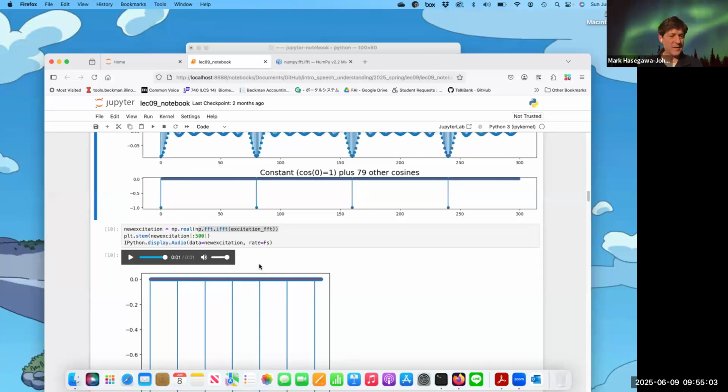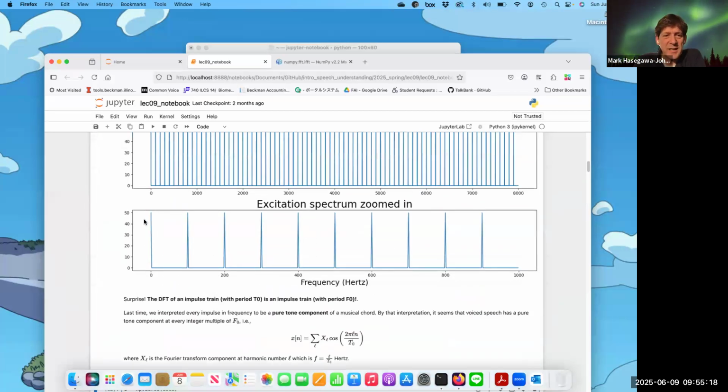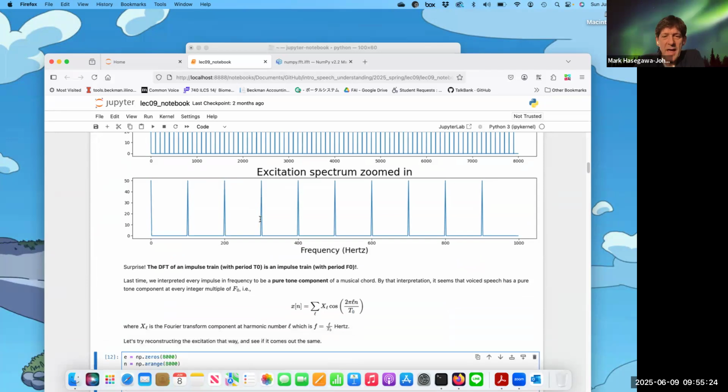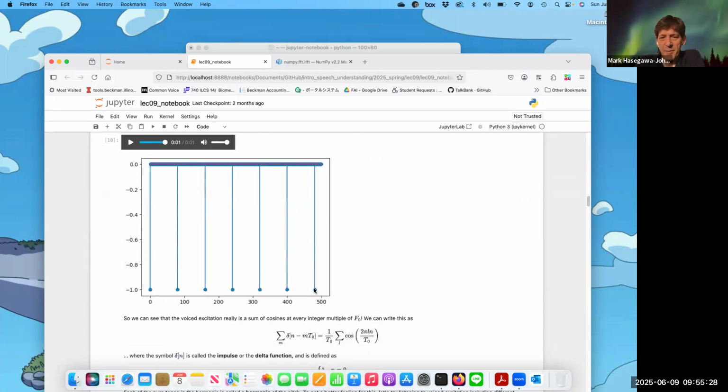If we have one spike every pitch period in the time domain, then we have one spike at every multiple of the pitch frequency in the frequency domain. So we can construct the speech signal by taking those spikes at every multiple of the pitch frequency and inverse Fourier transforming, and we get back, at least, that buzz.